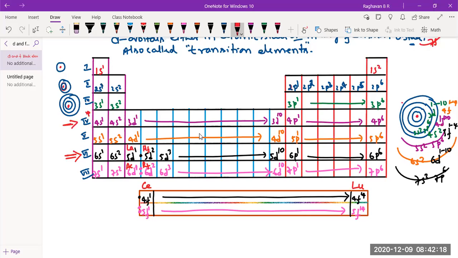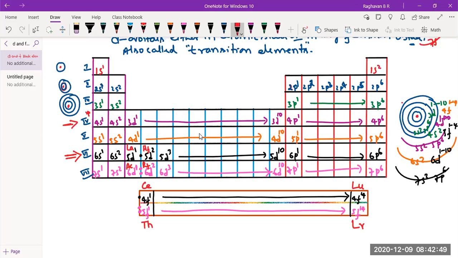After actinium 6d1, 5f1 to 14, 14 elements are there. So 5f1 is thorium to lawrencium, Lr. Cerium to lutetium, thorium to lawrencium, 5f1 to 14 fills. After lawrencium, again back with rutherfordium 6d2. Then it starts filling penultimate D up to 6d10.